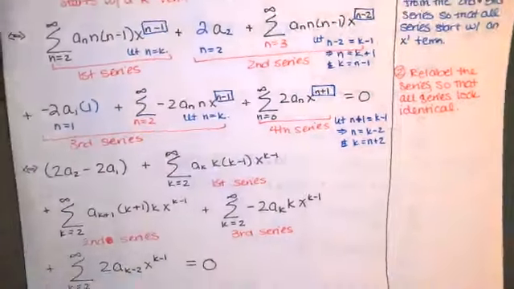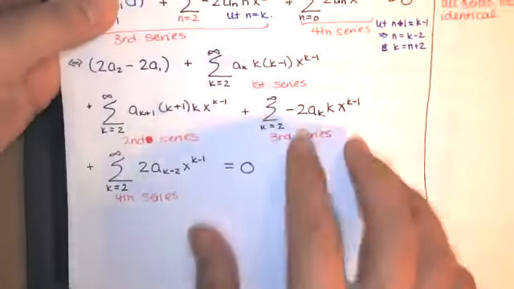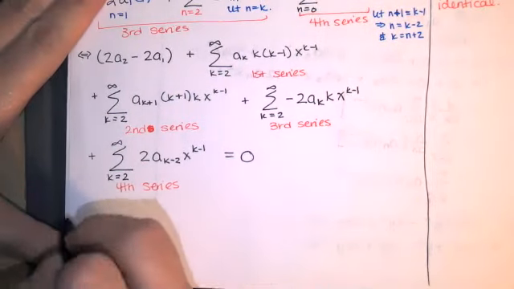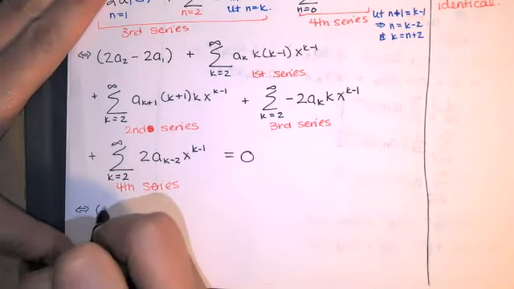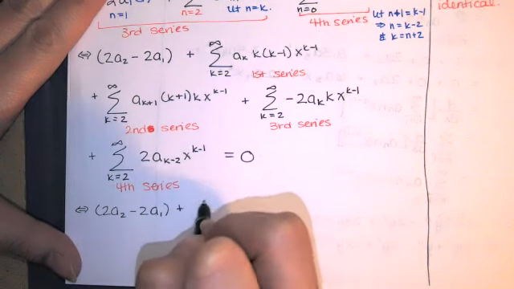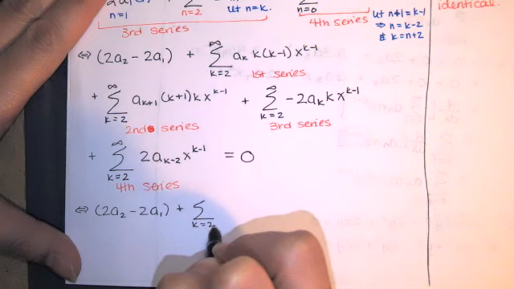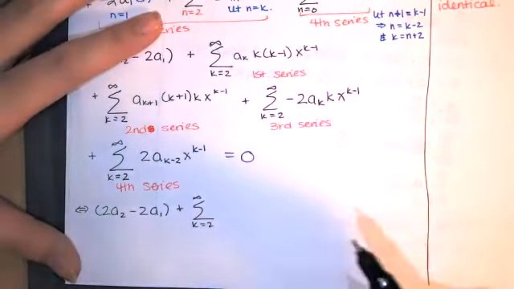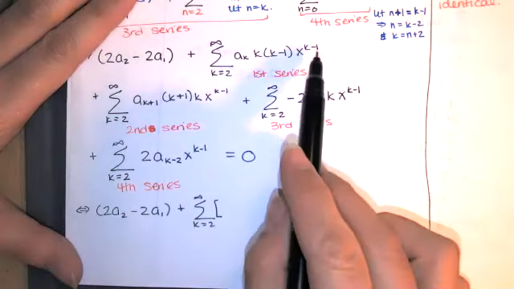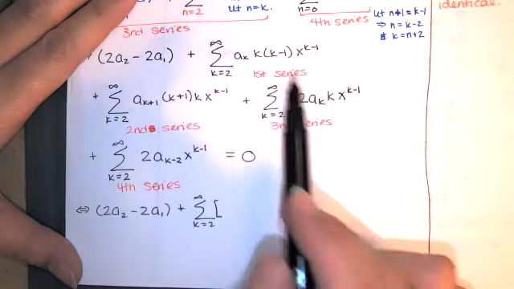So now that we have relabeled our indices, we can add like terms. We can write these 4 series together as a single series. So we have 2 times a sub 2 minus 2 times a sub 1 plus the sum as k goes from 2 to infinity of these guys. Now I'm factoring out the x to the k minus 1.